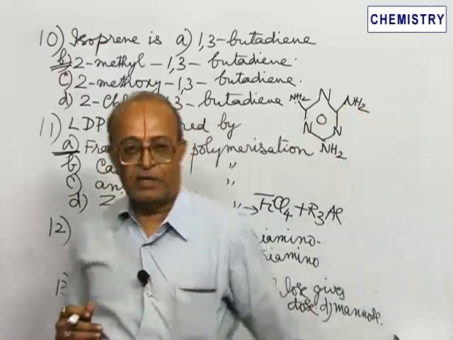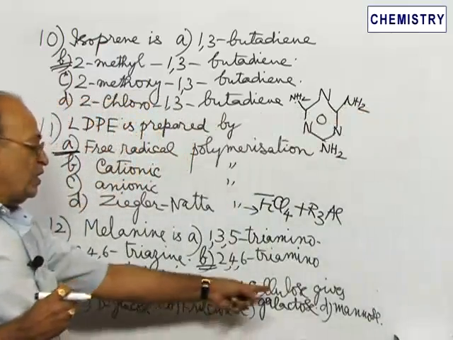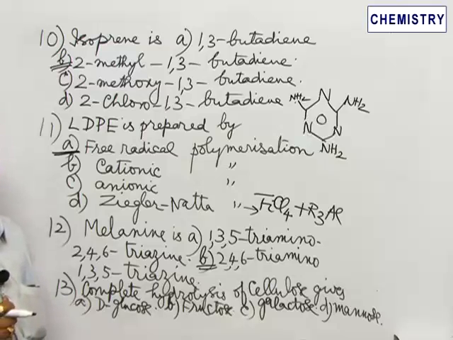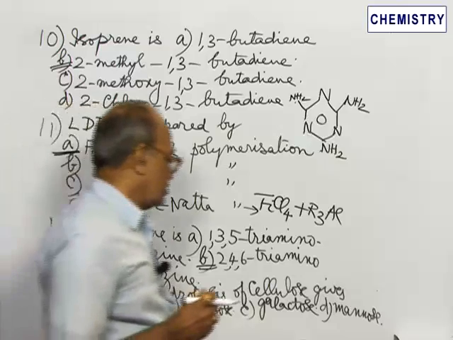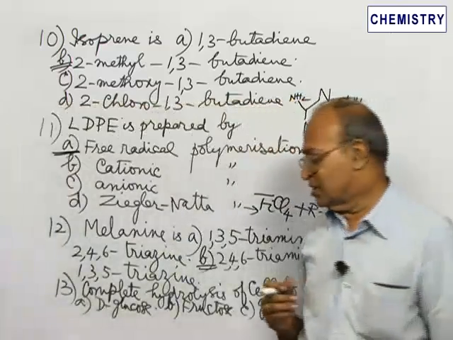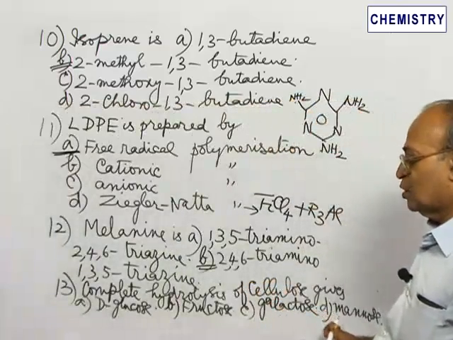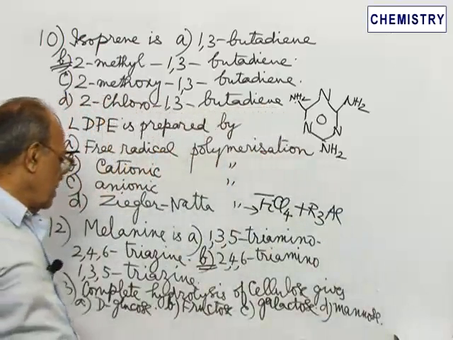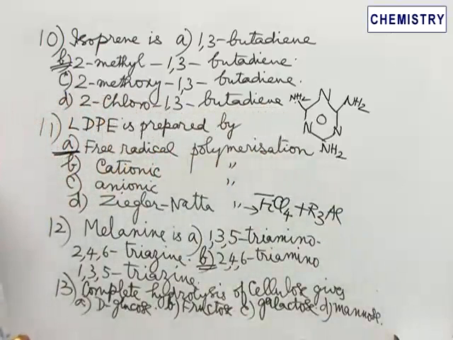Now, the question here is, cellulose is completely hydrolyzed. Complete hydrolysis of cellulose gives, 4 options are given: glucose, fructose, galactose, and mannose.